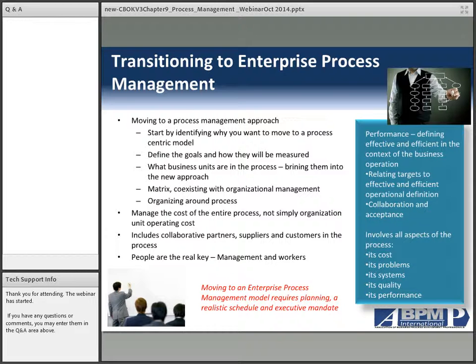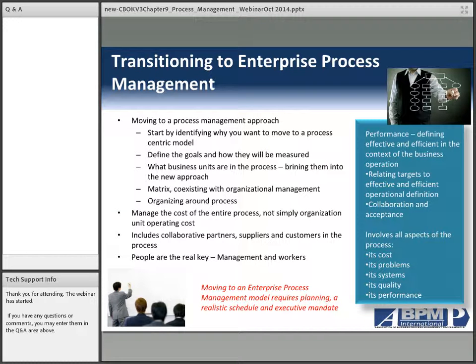You then would work on a pilot to make sure that it's going to happen in a way that you can repeat. And in that pilot, I would also suggest that anybody who's interested in moving to a process management approach seek out others that have done that. It's a journey.